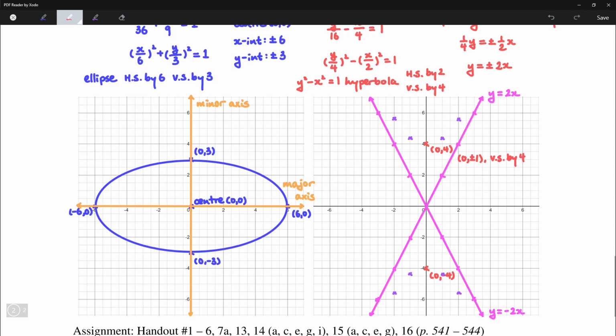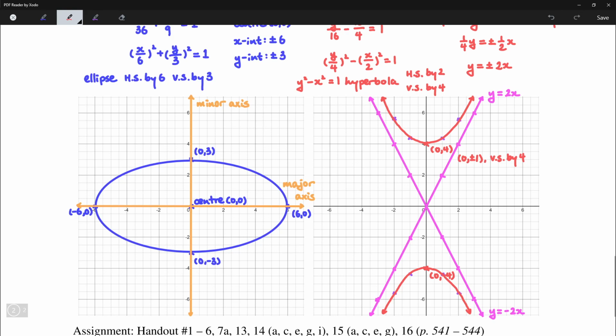And finally, we're just going to draw a curve through all the points, doing the best we can. And that will be a reasonable sketch of the hyperbola that we were given. Also on the other side. And that's it.